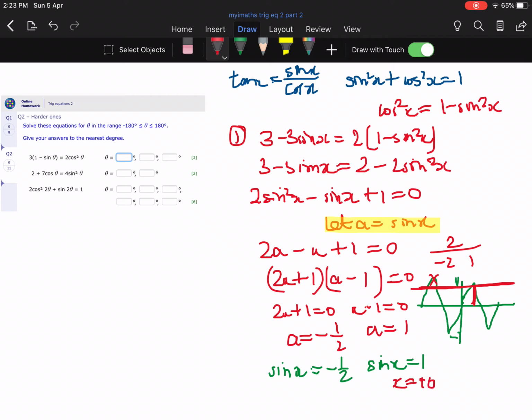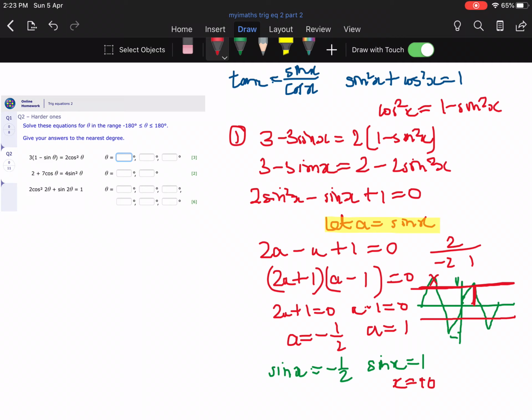So just by knowing the sine graph, you know that it's a maximum of 1 at 90 degrees. It's also at negative 270, but we don't need to worry about that. That's within the range.